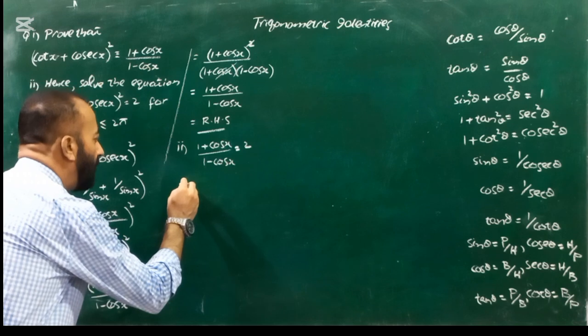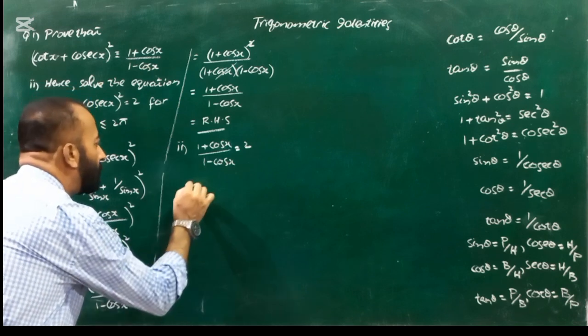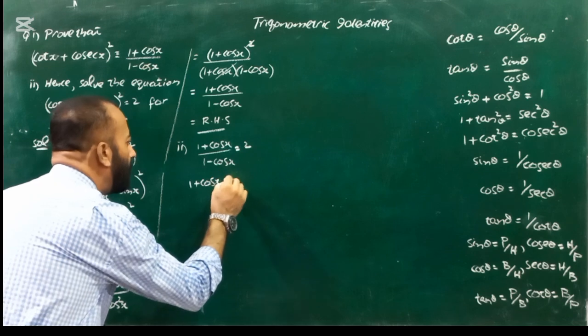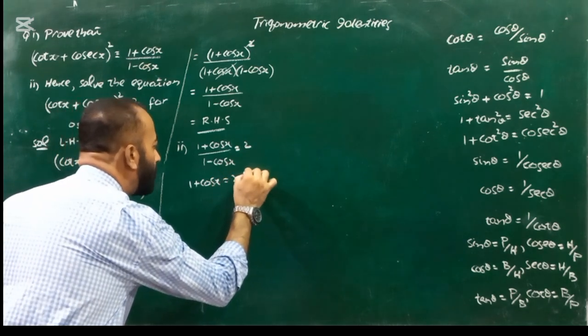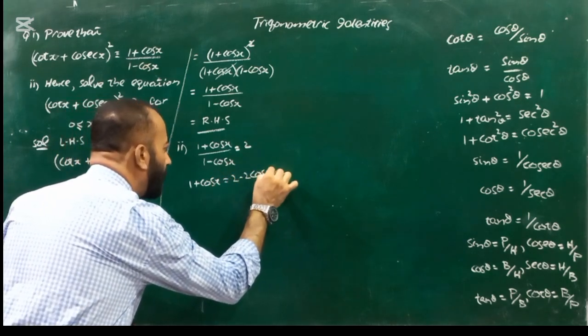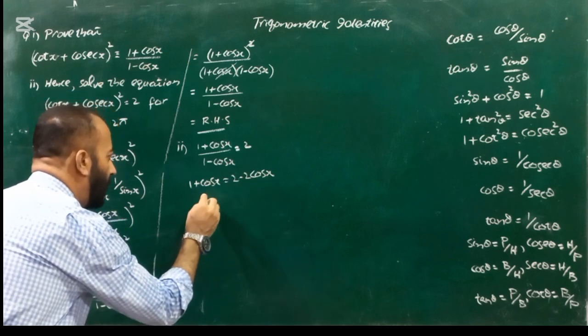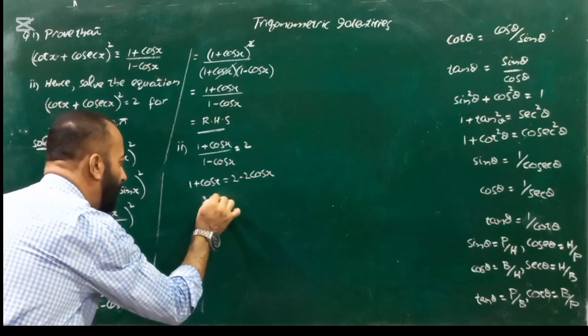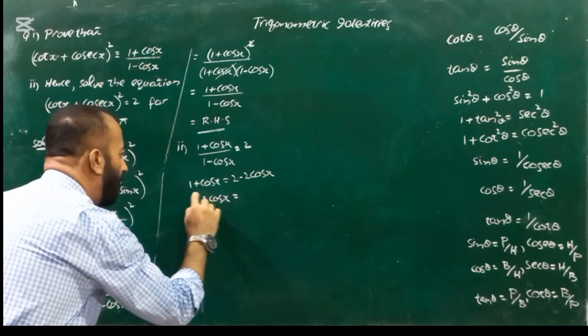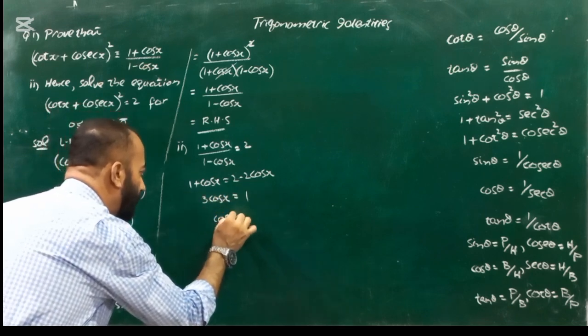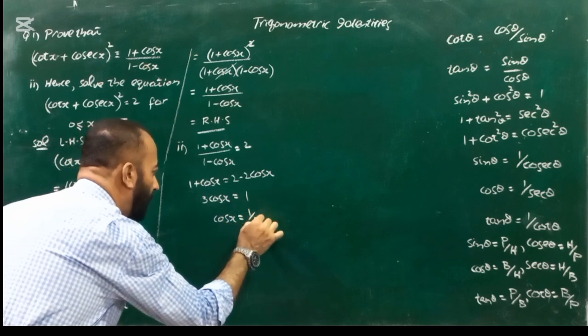From here cross multiply the values, so 1 plus cos x is equal to 2 minus 2 cos x. From here this minus 2 cos x will come to the left side, and it will become 3 cos x. This one will go to the right side. From here cos x is equal to 1 by 3.